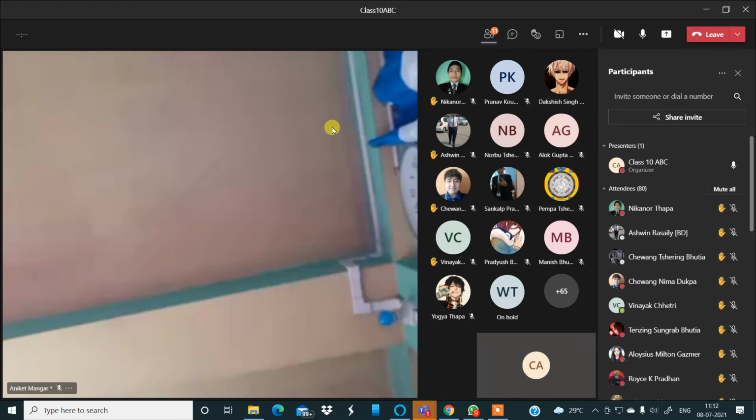Screen sharing. Yes? No, I have sent it already beforehand. That group is lost, so I will send it.